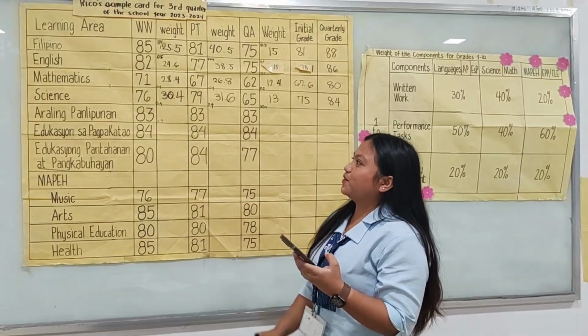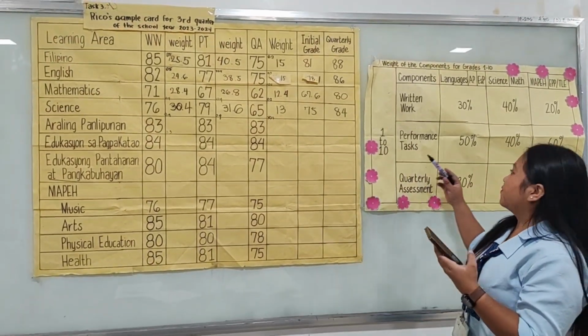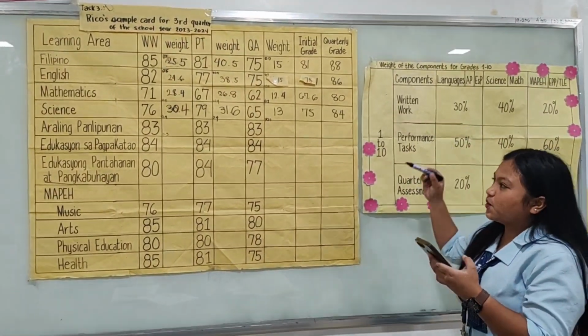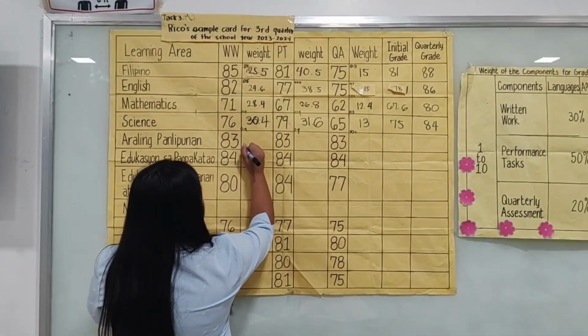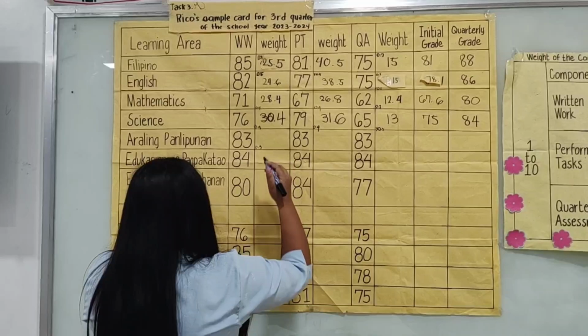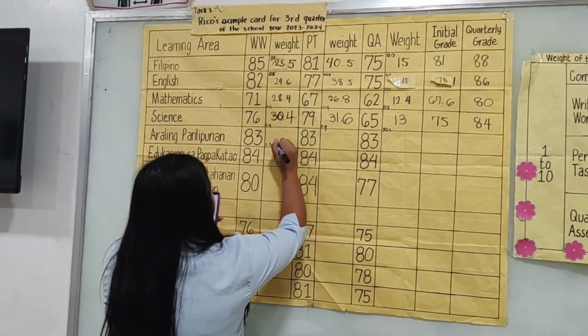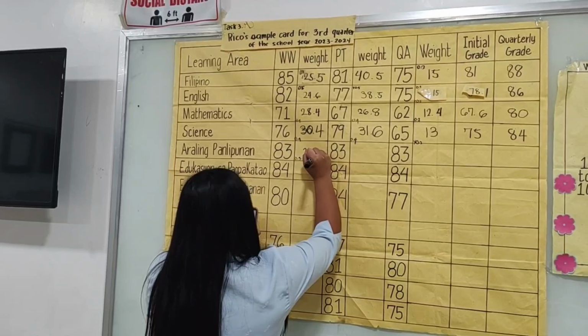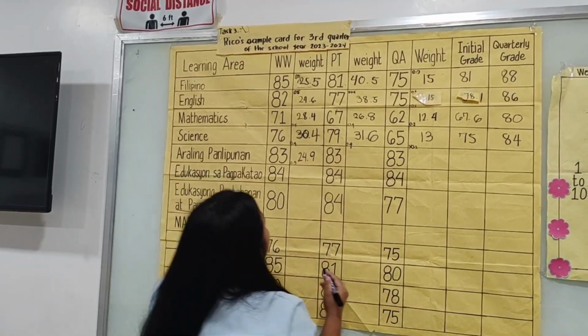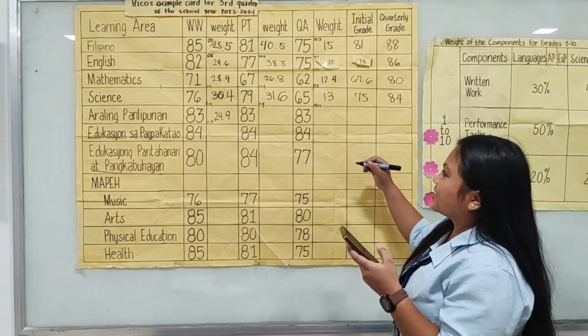So in Araling Panlipunan, the weighted component of written work is 30%. So we have to multiply 83 times 0.3. So the answer is 24.9. Next, we will get the performance task.